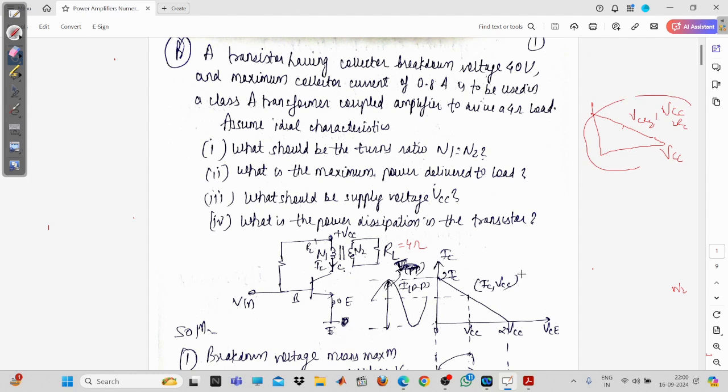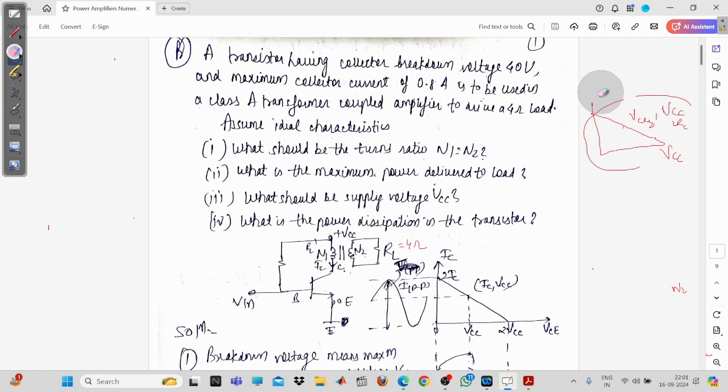Now when the VCC is directly connected to the collector, the collector current will be IC only. So this is IC, this one will be twice IC, and this one will be VCC. So this is twice VCC.